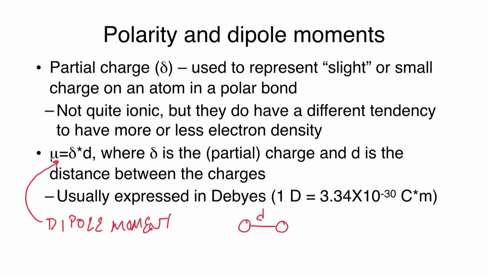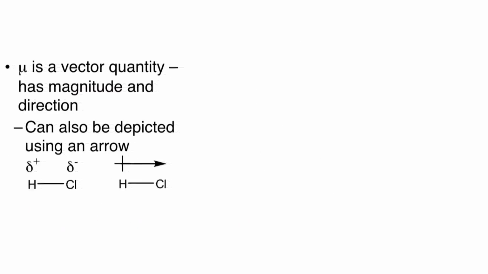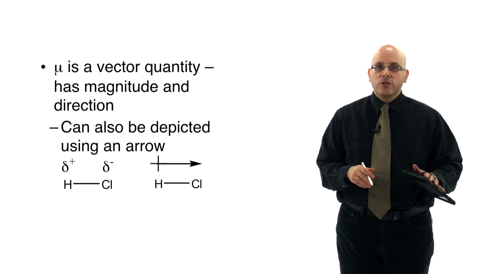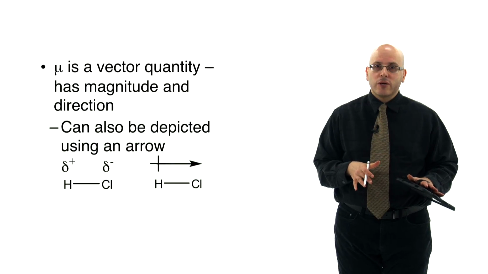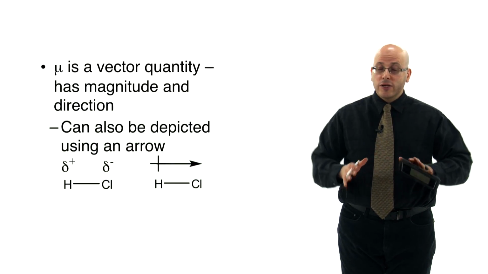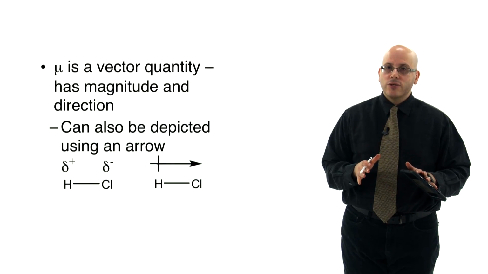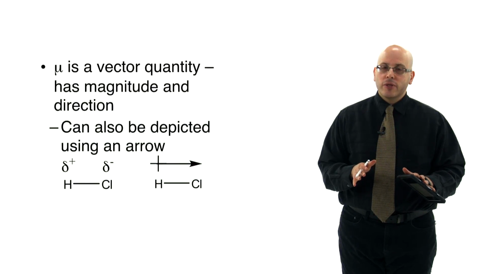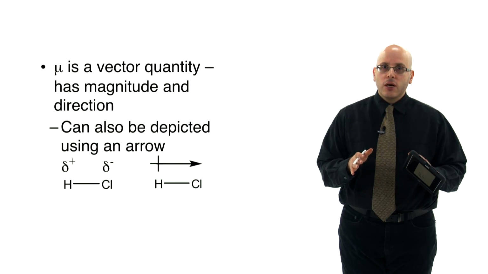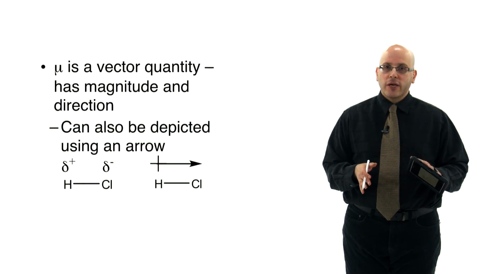One debye is equal to 3.34 times 10 to the negative 30th coulomb meter. Here's the important thing as far as chemistry goes: this dipole moment is a vector quantity, which means that it has a magnitude and a direction. So I'm going to depict these by using arrows or these partial positive, partial negative symbols.